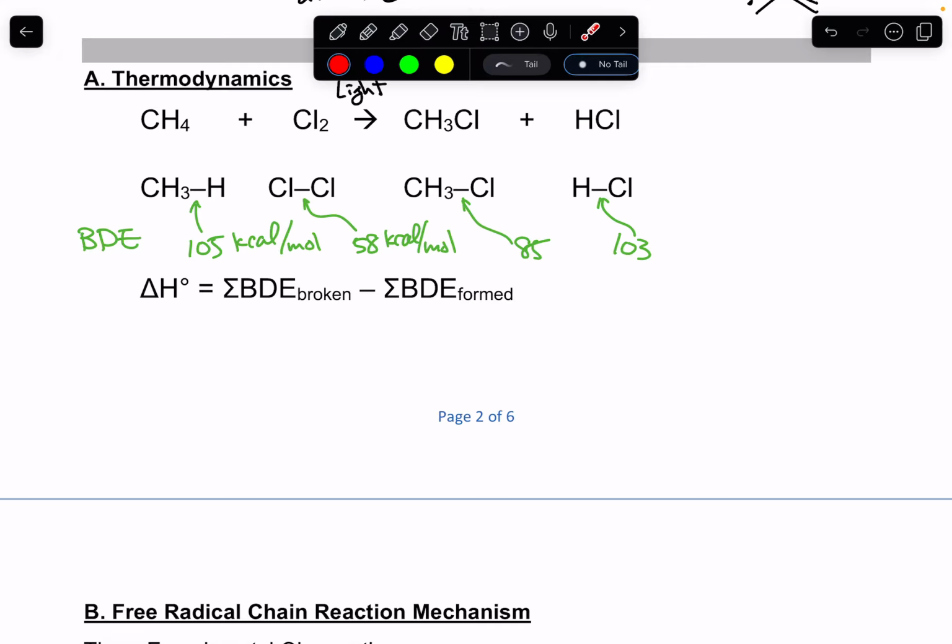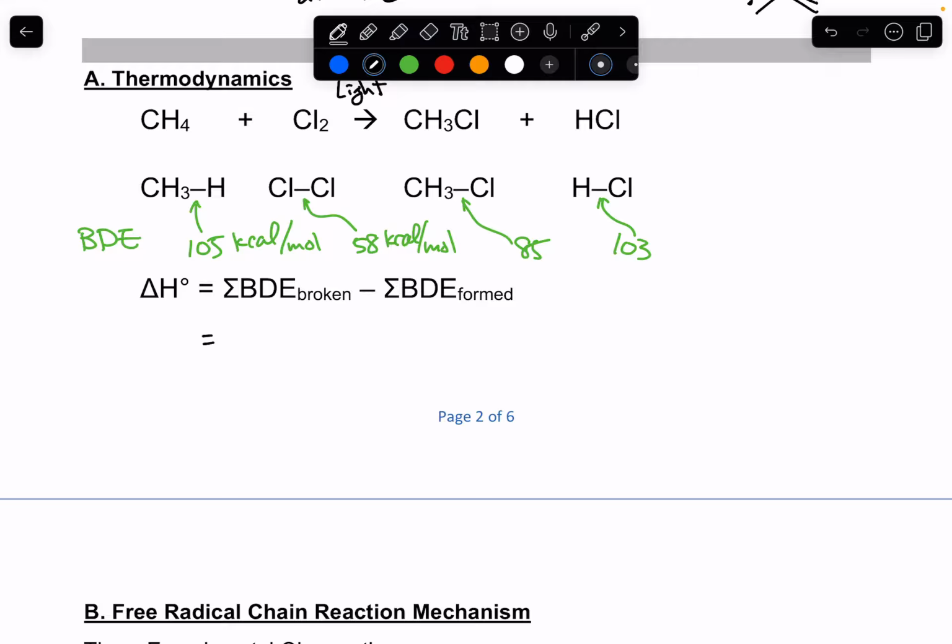Then what do you get? That would be the delta H, right? The thought process is this: if you are forming much more stable bonds than the bonds you broke, then that's going to be a good thing for delta H. So that's the idea. So let's calculate that real quick.